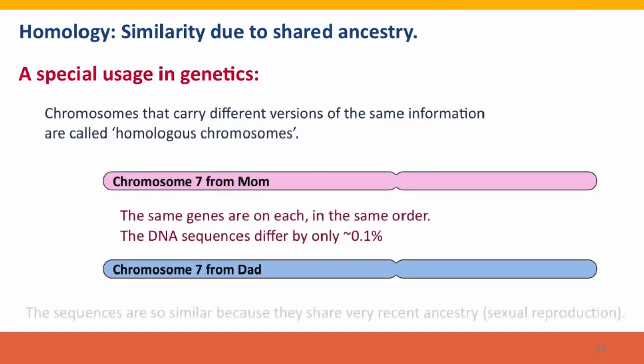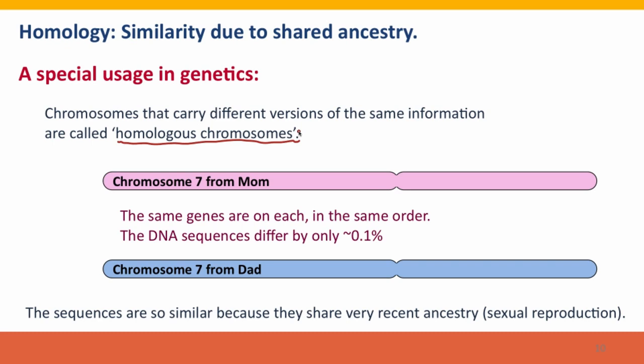Now, in genetics, homology is used in a particular way in one particular case. It's used generally in genetics, but in particular, it's used in the term homologous chromosomes. It's really the same meaning that homologous has everywhere else, similarity due to shared ancestry, but it particularly applies to the 2 versions that we have of each of our chromosomes. So our chromosome 7 from mom and our chromosome 7 from dad are referred to as homologous chromosomes.